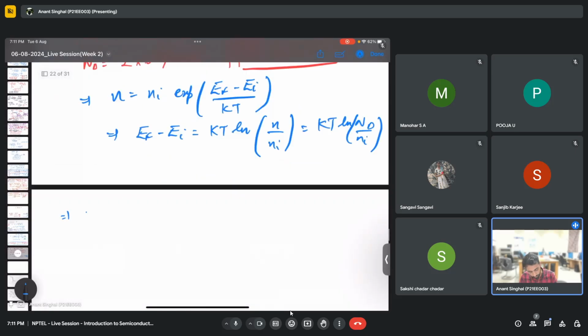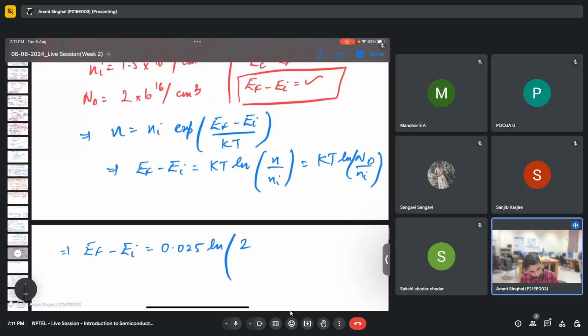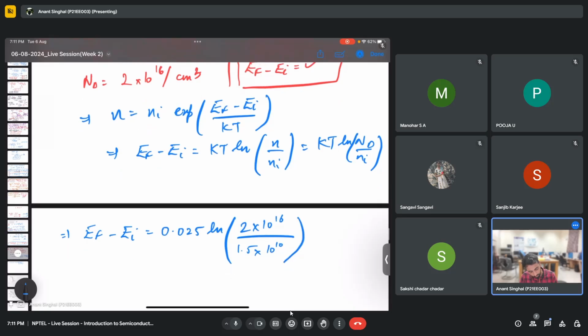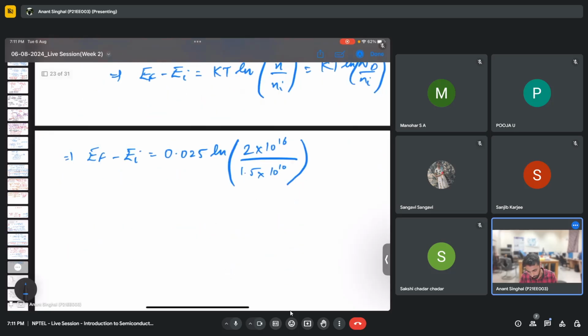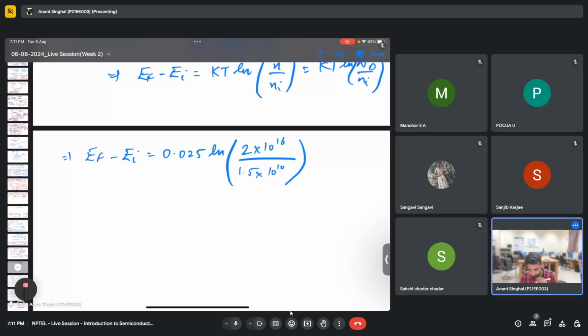So we already have all the values. We have 0.025 as KT. Nd is given as 2 times 10 raised to power 16. Ni is given as 1.5 times 10 raised to power 10. So this is what we need to calculate. And you will get EF minus EI from this as 0.365 electron volts.